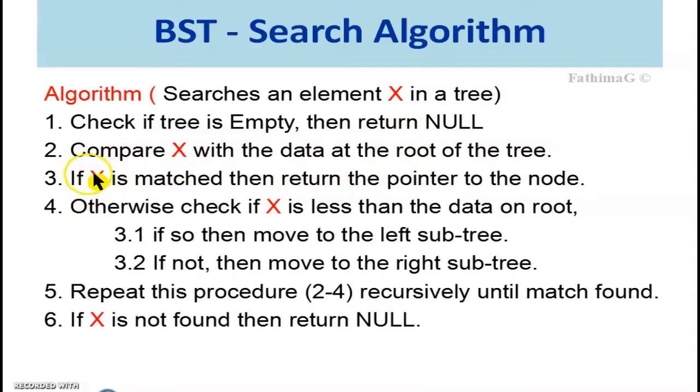If X is matched, then return the pointer to the node. Else, check if X is less than the data on the root. If so, move to the left subtree. If not, then move to the right subtree. So repeat this procedure recursively either on the left or the right subtree until the match is found. If X is not found, then return null.